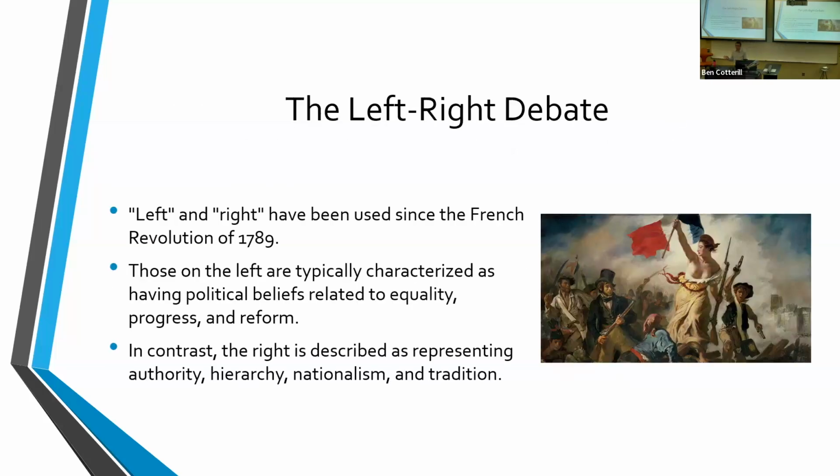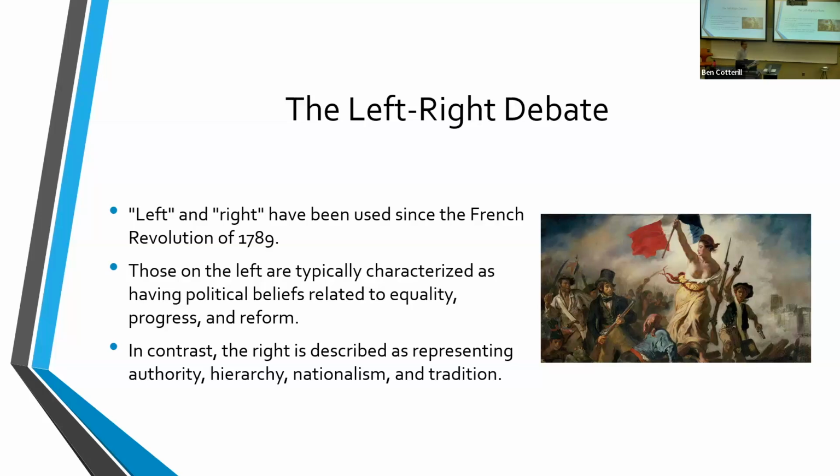So when I talk about the left and the right, you probably have a pretty general idea already of what I mean by that. But just so we're clear, these terms come from the French Revolution in 1789, when there was the debate on whether to abolish the monarchy.